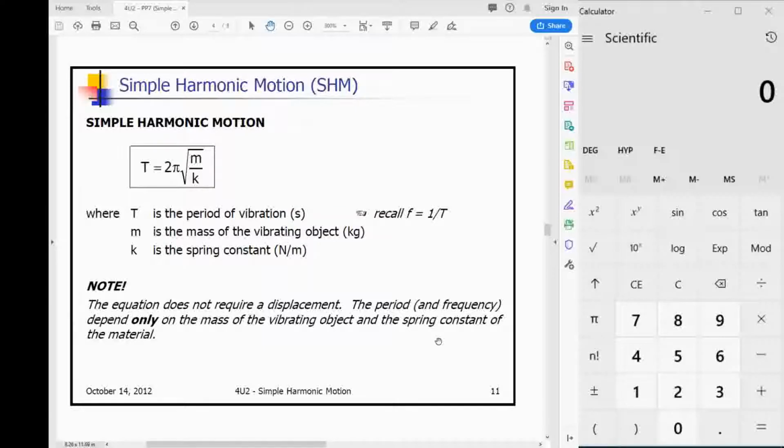T equals 2 pi square root of m over k, where m is our mass and k is the spring constant.